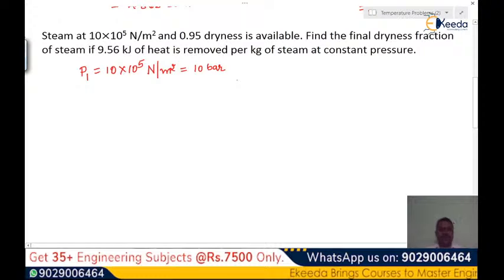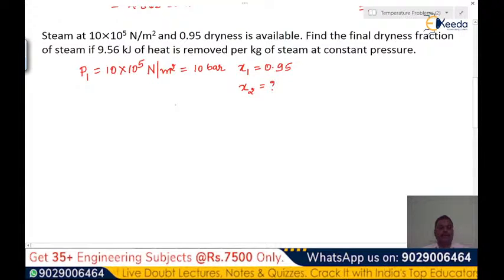Its initial dryness fraction, let us take it as x1, is 0.95. Find the final dryness fraction of steam. That is x2, and it happens at a constant pressure. P2 is also 10 bar.